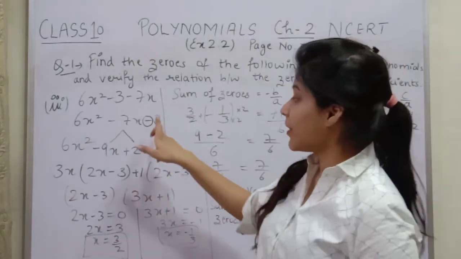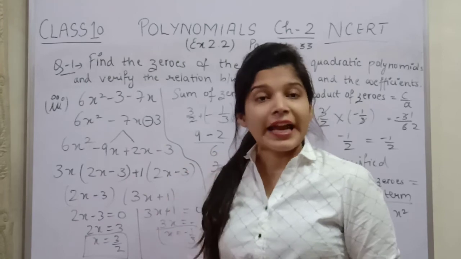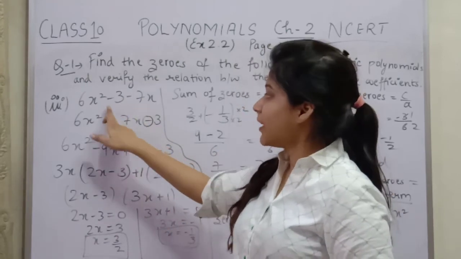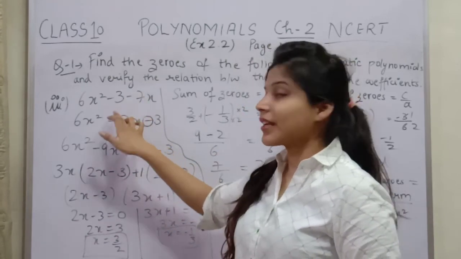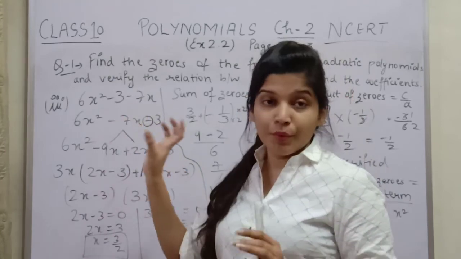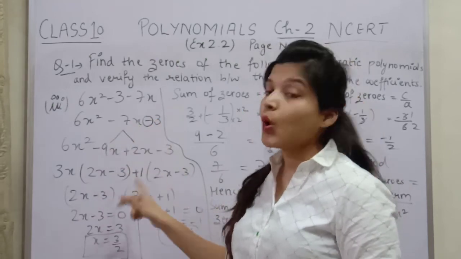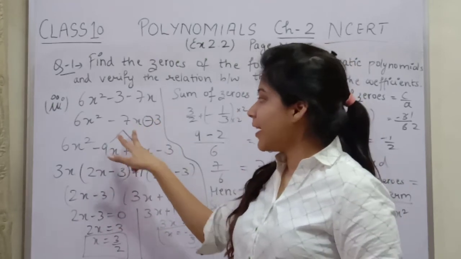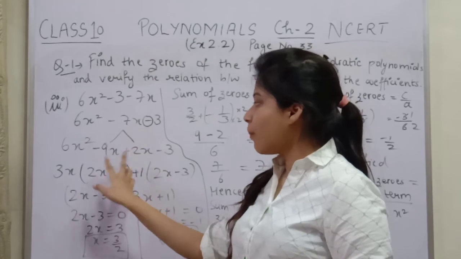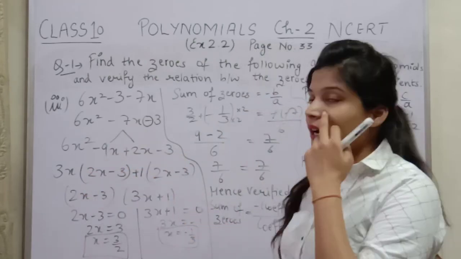But before that हमें ये ध्यान रखना है कि that polynomial should be in standard form. यहाँ पे standard form में नहीं था. confusion हो जाती है. बच्चे -3 को split करने लगते हैं. No. We need to put the polynomial in standard form first. Then हमें middle वाली term को split करना है. So that we did -7x को split किया in 2 parts. -9x plus 2x. So please note down this part.